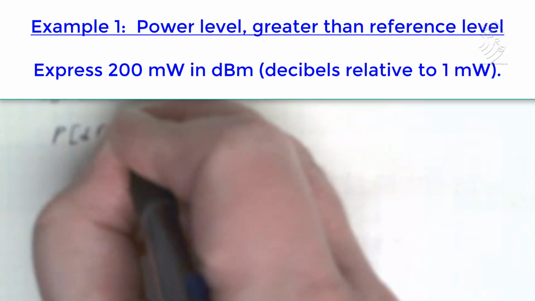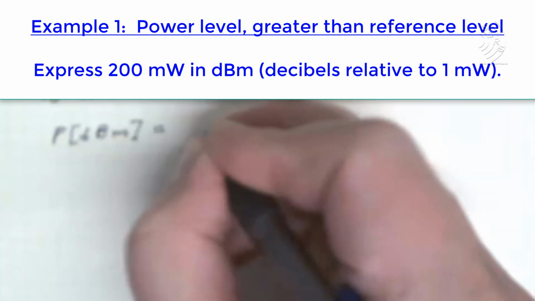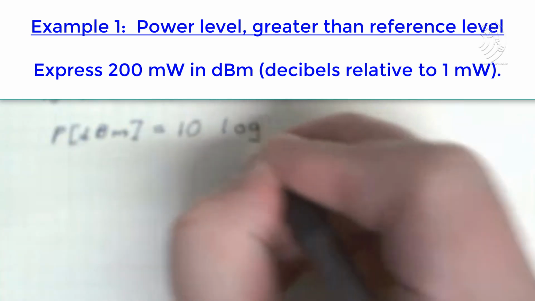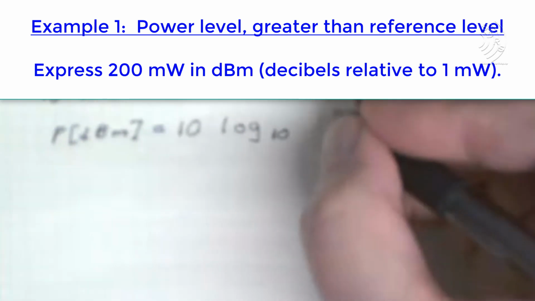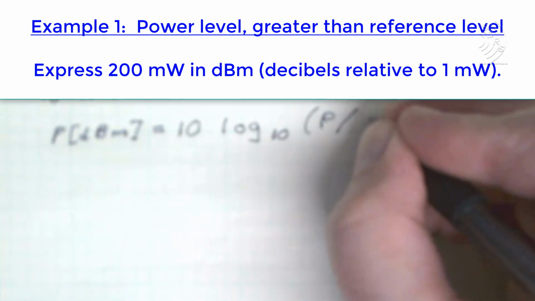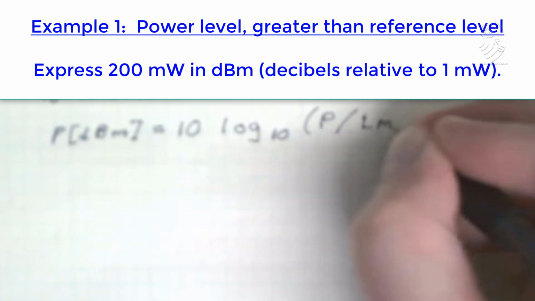So the general approach to expressing power in dBm is to take 10 times the log base 10 of that power level divided by 1 milliwatt.